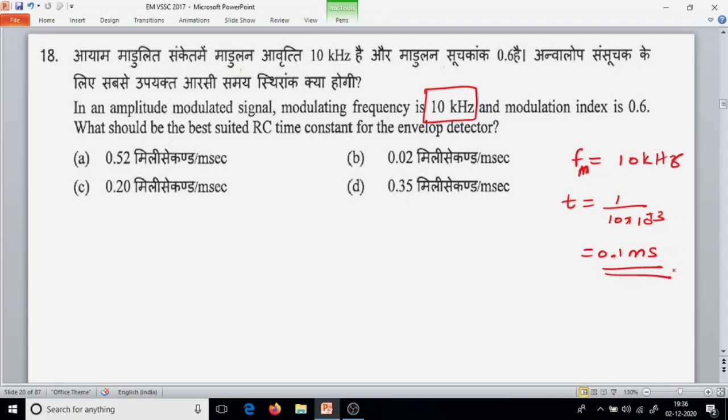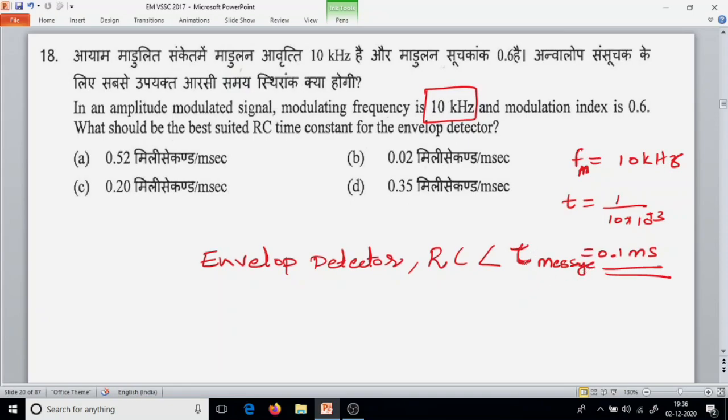Now to make an envelope detector, the time constant should be less than tau of the message signal or modulating signal.